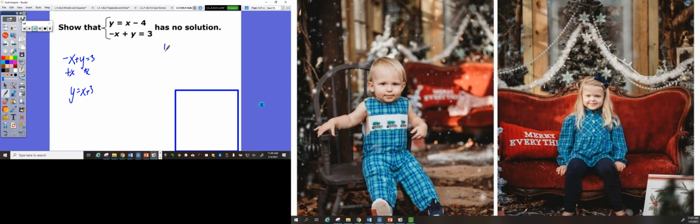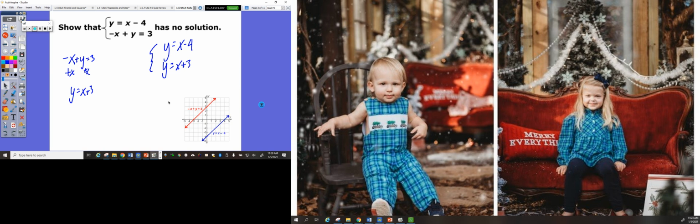So then my system looks like this: y equals x minus 4, and y equals x plus 3. Now I can see that there's no solution. How can I see that? They have the same slope. These are parallel lines with the same slope, so if I looked at this on a graph, we would see that these two lines are never going to intersect each other. So there's no solution.